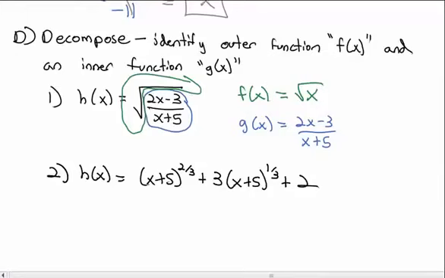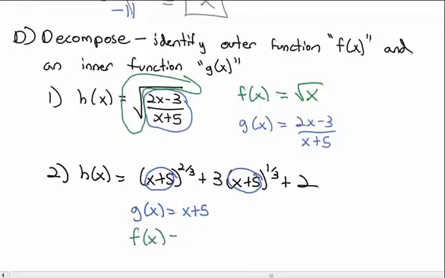What you might notice is, again, we've got an inner function. A couple ways you could call this inner function. One way is we could call the inner function the x plus 5. G of x equals the x plus 5 inner function.